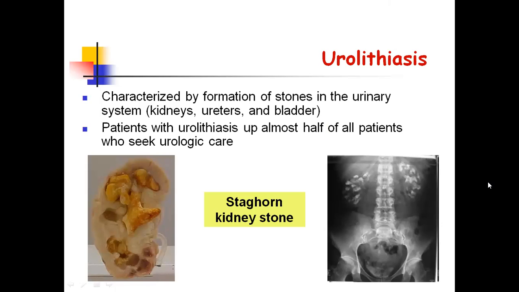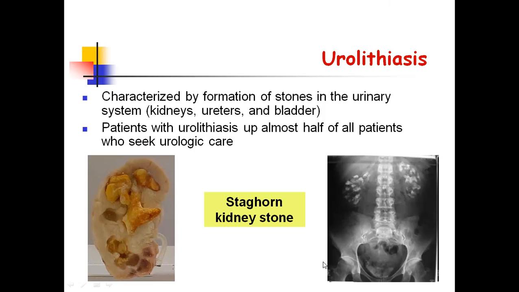Kidney stones, or urolithiasis, are characterized by formation of stones in the urinary system in different parts: in kidneys, ureters, and bladder. Patients with kidney stones make up almost half of all patients who seek urological care.